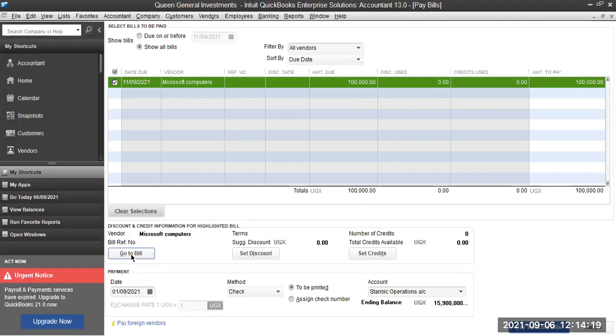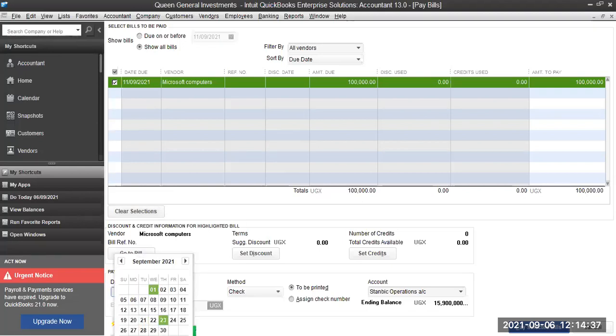We come down here, we have selected that we are going to pay this person 100K. Then we select the date.